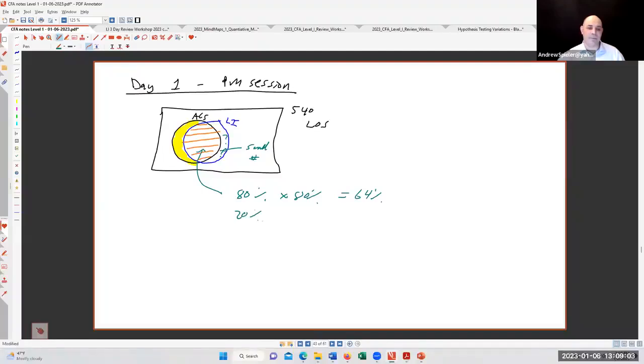Then the remaining 20%, have no idea, flip a three-sided coin. No such thing. So flip a three-sided coin and that's another 6 or 7%. That brings you to 70. So that's kind of like my magic number.